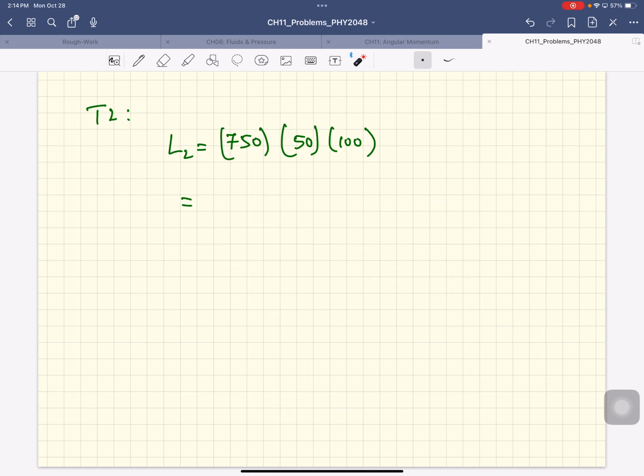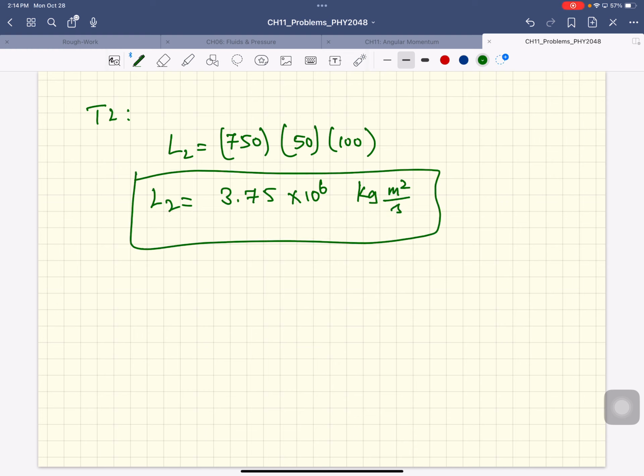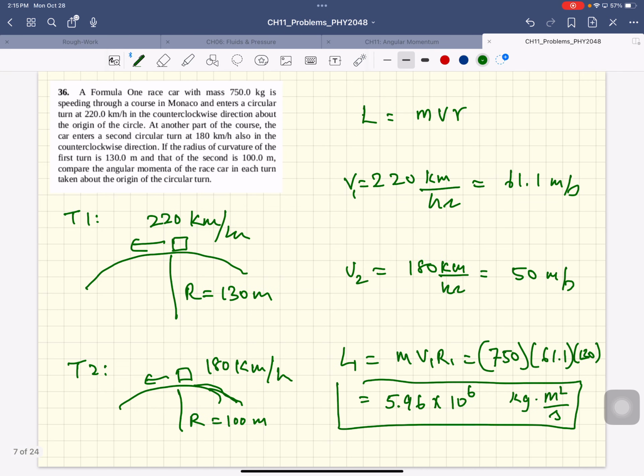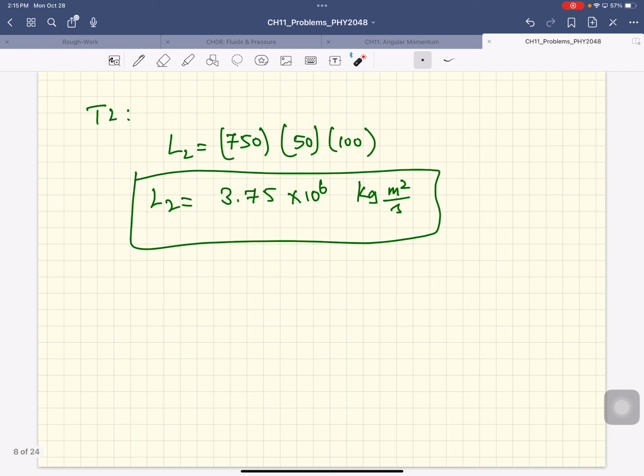So the angular momentum is 3.75 times 10 to the 6 kg meter squared per second. Okay, so the angular momentum is almost, well, 2/3 of the peak angular momentum.